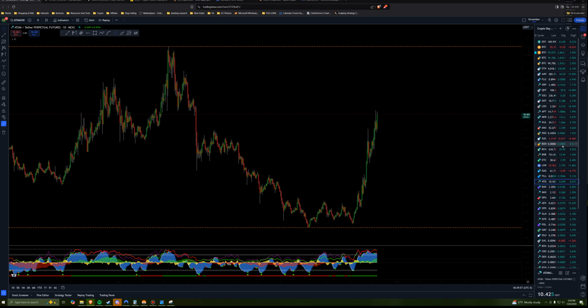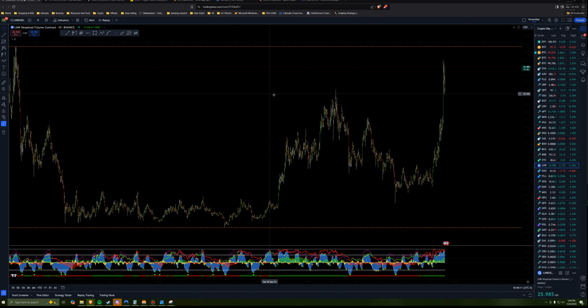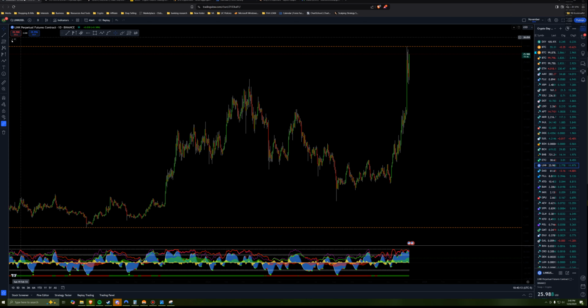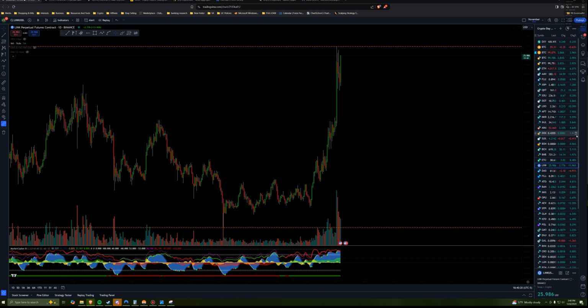I mean, all these coins are pretty fantastic, if you ask me. Bring up volume for a moment. There's a lot of volume coming into these coins.